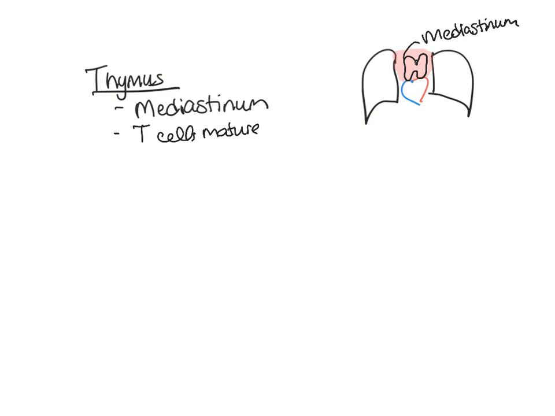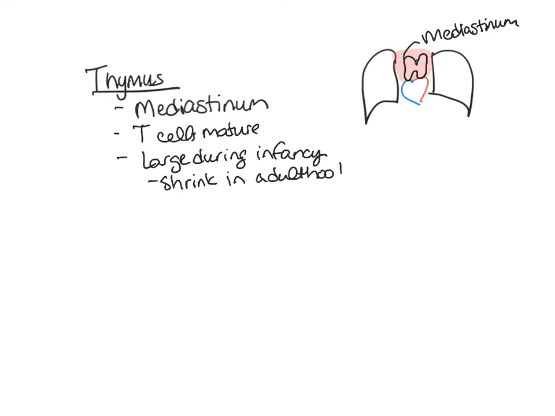The thymus is going to be large during infancy because this is when the most amount of different types of T cells are going to be produced. But then it starts to shrink in adulthood, because by the time you've reached adulthood, you've come in contact with just about all of the pathogens that you'll be coming in contact with for the remainder of your life if you stay in that region of the world.